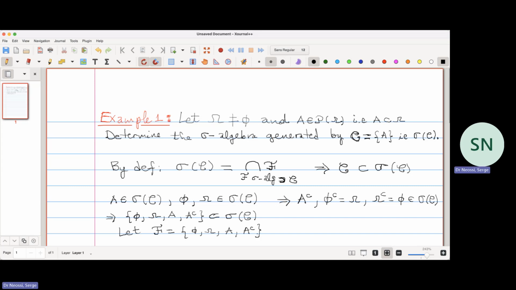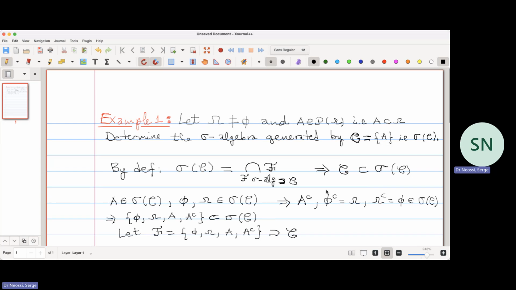Now, if we can prove that F is a sigma algebra, therefore it will contain the sigma algebra generated by C. Why? Because it already contains C, since all the elements of C, particularly A, are already here. So if we can prove that F is a sigma algebra, it will contain the sigma algebra generated by C, and therefore the equality will hold.